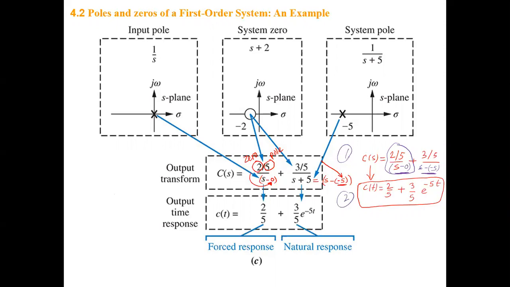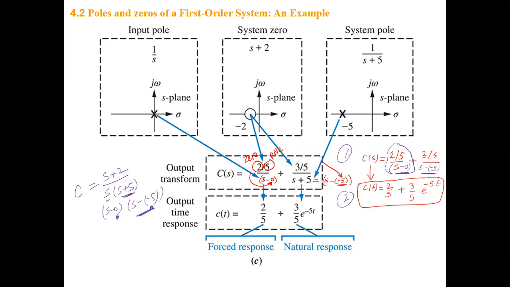And you have s plus 5, which is the system, not output. Remember C(s) is (s plus 2) over s(s plus 5). We started with this C. So this can be written as s minus 0, and this is s plus 5. Okay, so you have the pole at 0 and the pole at minus 5.